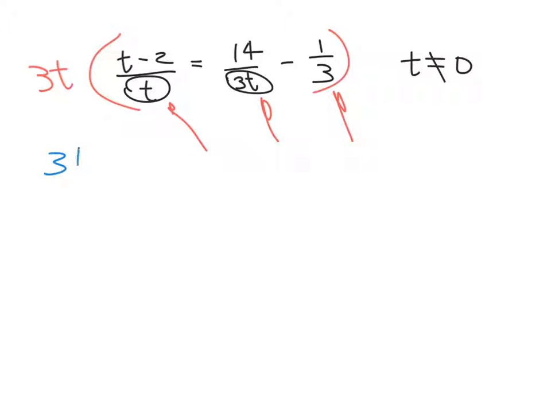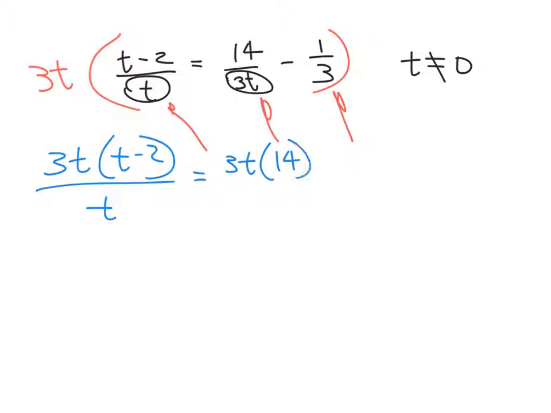and we get 3t times t minus 2. Again, when any variable is added or subtracted, you put it in parentheses. Now see, this one, there's just a 14 there, so we can just put that there, minus, and then a 3t, and we're just distributing. Now we can cancel that with that, that with that, and that with that.